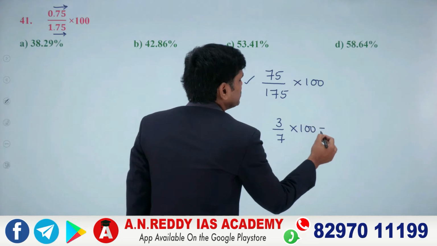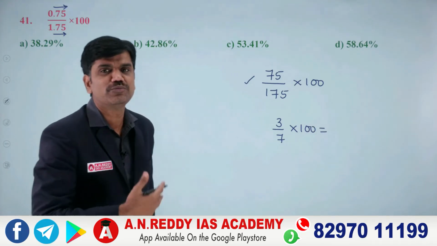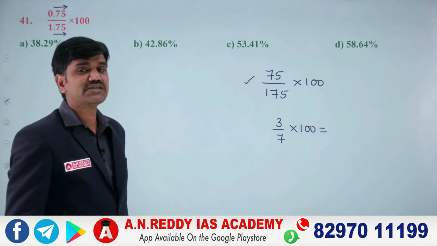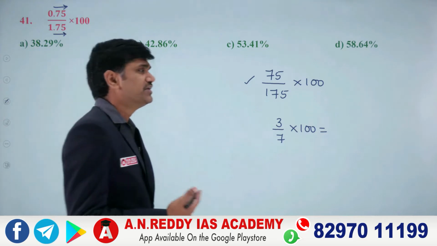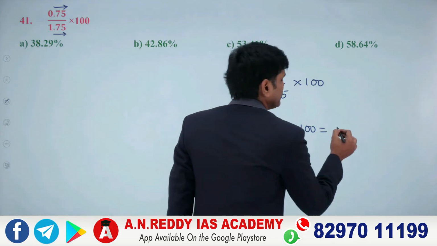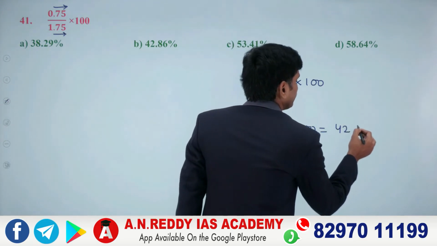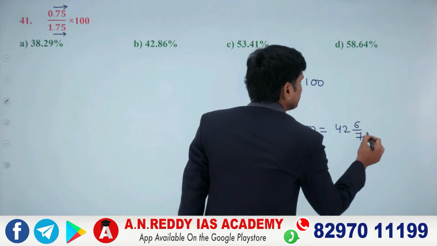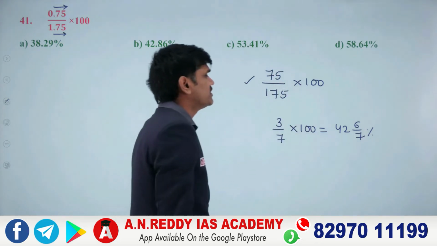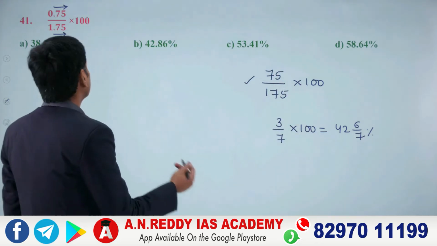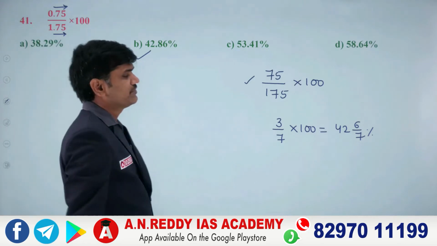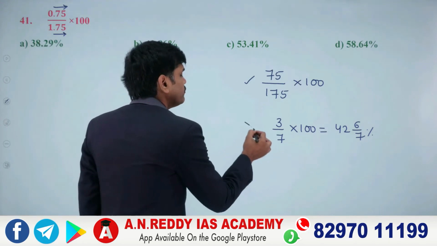We have already learnt 1 by 7 is nothing but 14 2 by 7%. 3 by 7 is 3 times of that. 3 times of 14 2 by 7% is 42 6 by 7%. 42 6 by 7% means 42 point something. This is my answer by the fractional method.